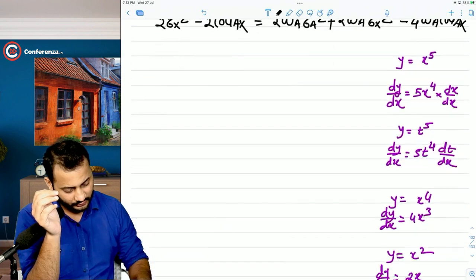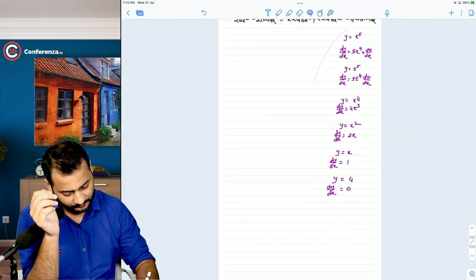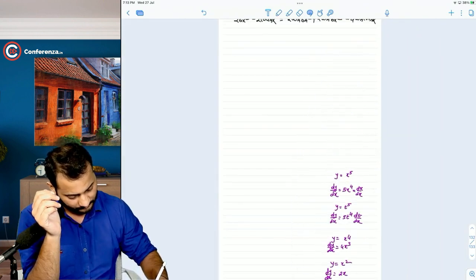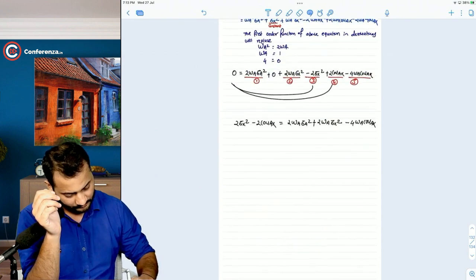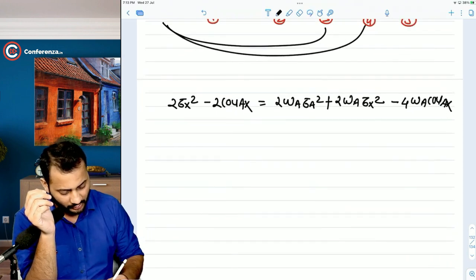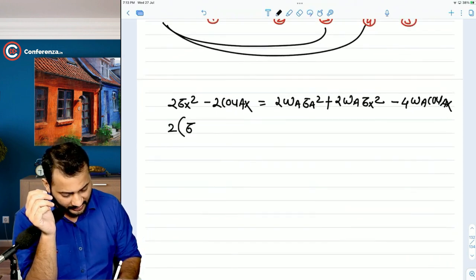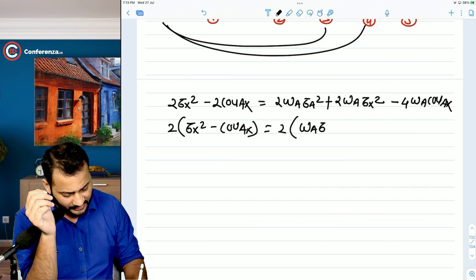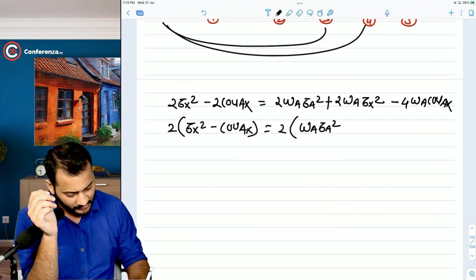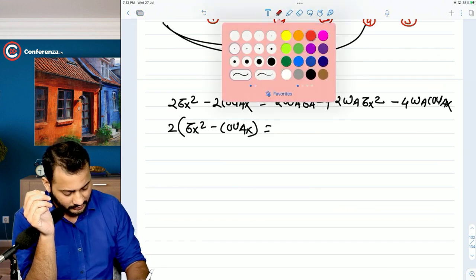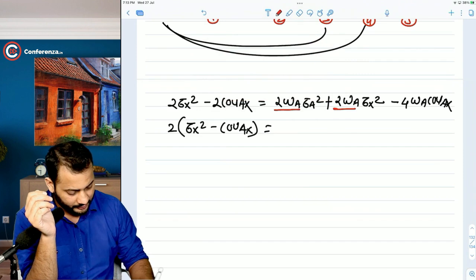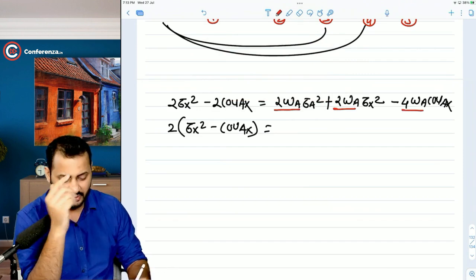Let's do something more. See, let's take 2 as a common from all the figures. 2 standard deviation of x square minus covariance of AX is equal to 2 weight of A standard deviation of A square. Okay, one thing that we can call out is 2 into weight of A from all the terms.